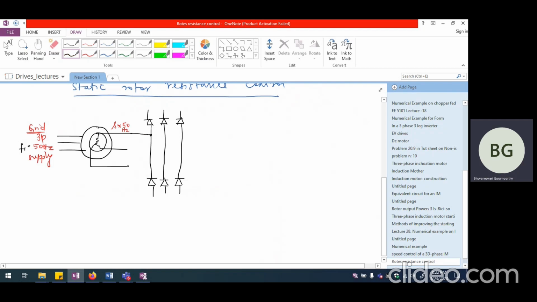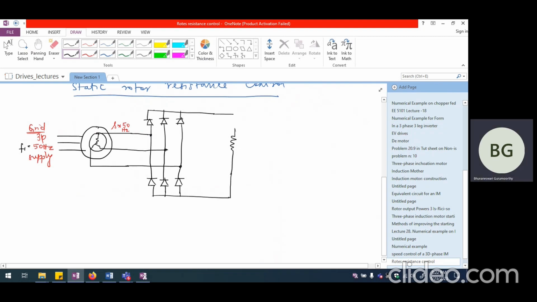Now, this will be connected to a diode rectifier, which will convert the rotor current, coming at a variable frequency, into DC. That DC is passed through a resistance, connected continuously.